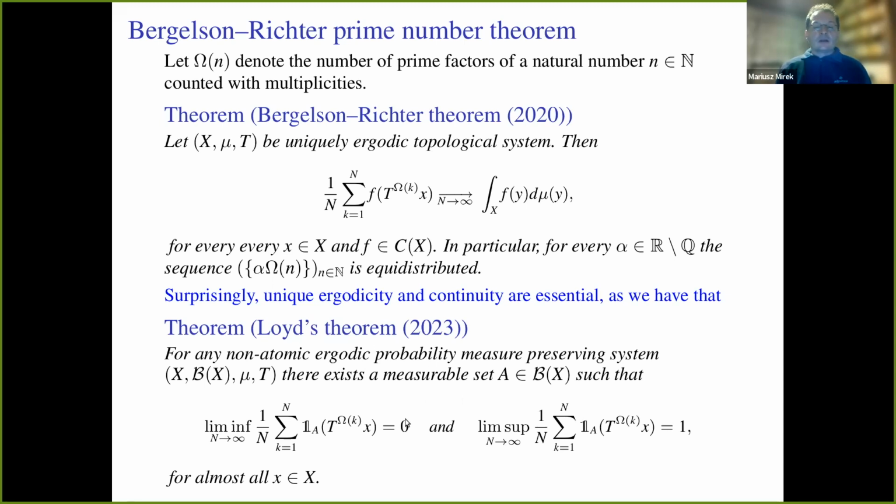In other words, the lim inf for the averaging operator of this form is 0, and the lim sup is 1. And this holds almost everywhere. This shows that we don't have pointwise almost everywhere convergence.